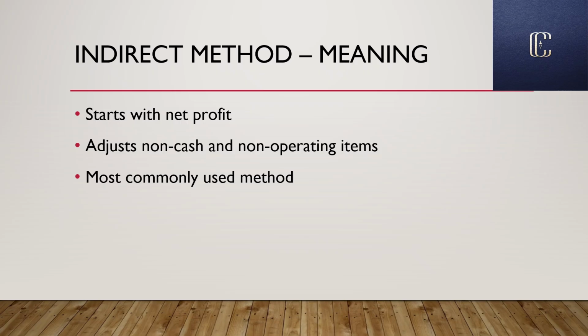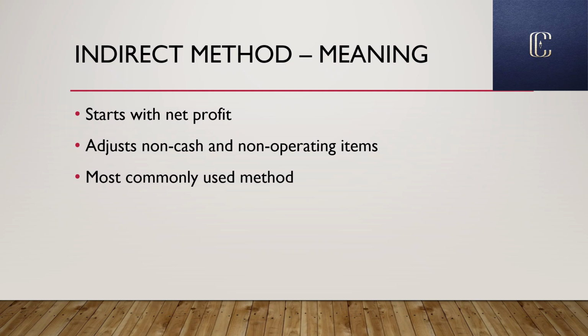Most companies in the world do not show actual cash directly. Instead, they start with profit and then discover cash. That approach is called the indirect method. Now let us understand its meaning very simply. What is indirect method?